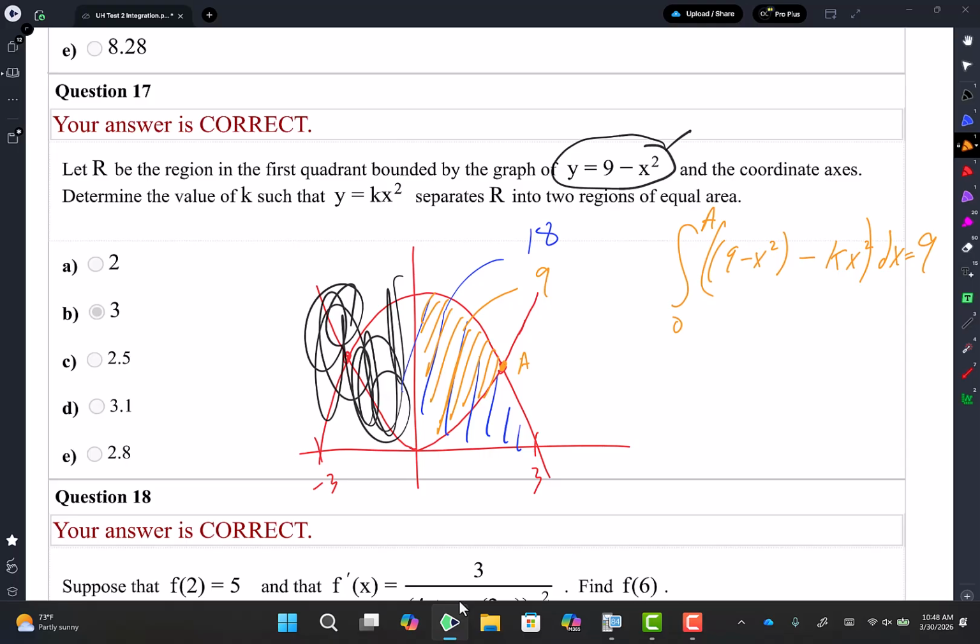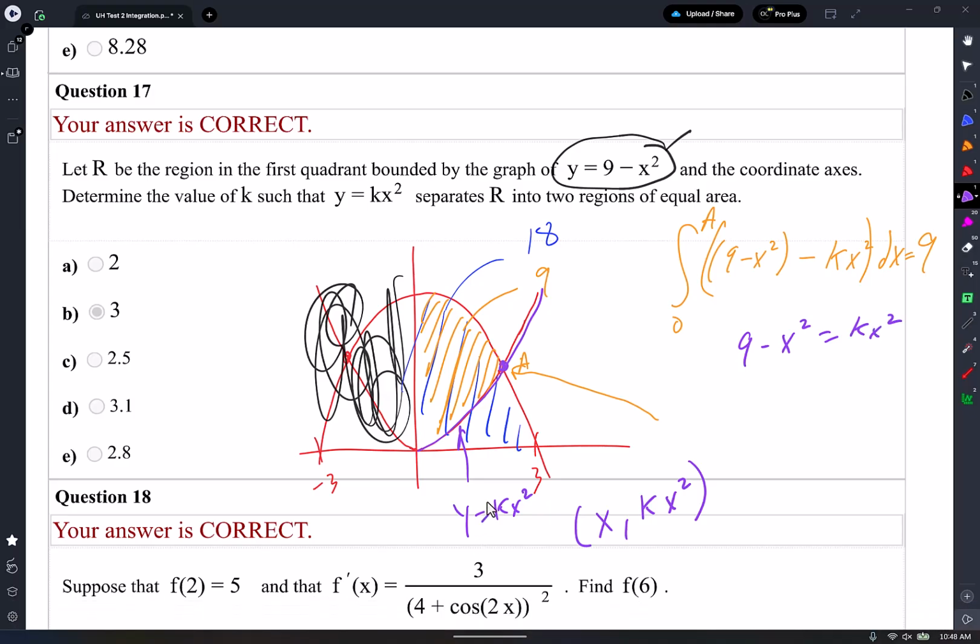This parabola there is y equals kx squared. So this coordinate is some x comma, and the y value is kx squared. How's that going to help me? Oh, okay. 9 minus x squared has to equal kx squared. I'm going to solve for x. This is a hard one, guys.